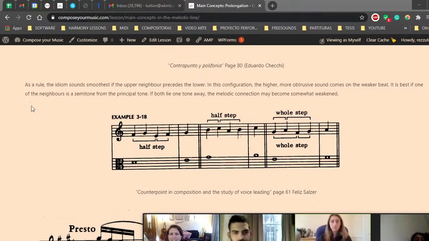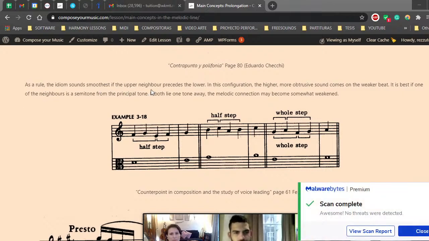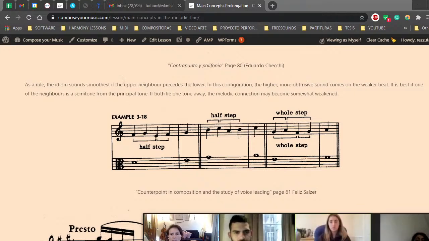Okay, so as a rule, the idiom sounds smoothest if the upper neighbor precedes the lower. As a rule, if you want a smooth neighboring figure, this is idiomatic. So first high, then low.